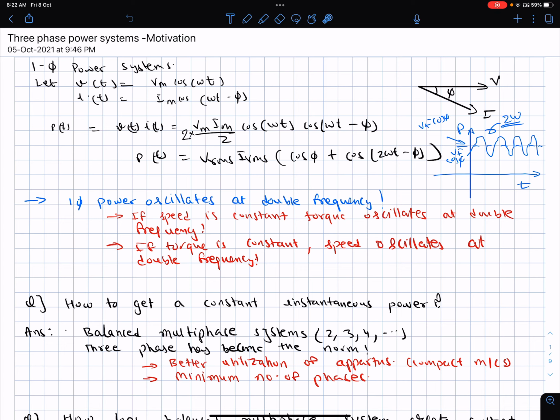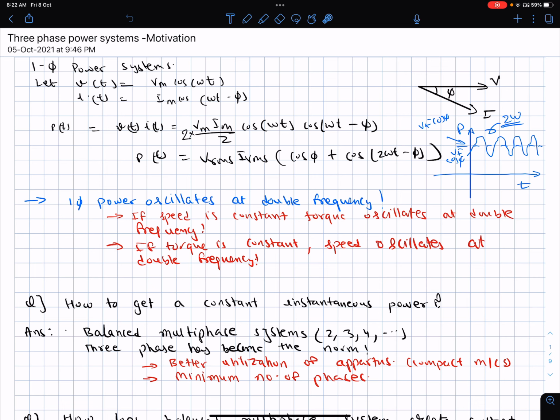And when we expand it, that is, we write 2 cos a cos b as cos of a plus b plus cos of a minus b, then the instantaneous power turns out to be Vrms Irms into cos phi plus cos of 2 omega t minus phi.